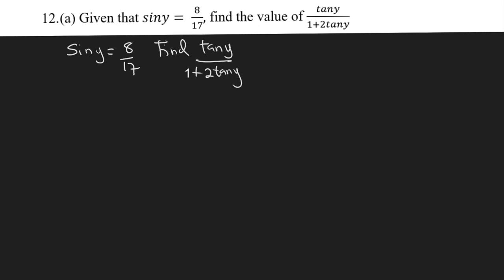This is very easy using our trigonometric ratios. Of course you know that it's possible using the cheat of SOHCAHTOA. This SOHCAHTOA means that sine is equal to opposite over hypotenuse. Then cosine is equal to adjacent over hypotenuse.